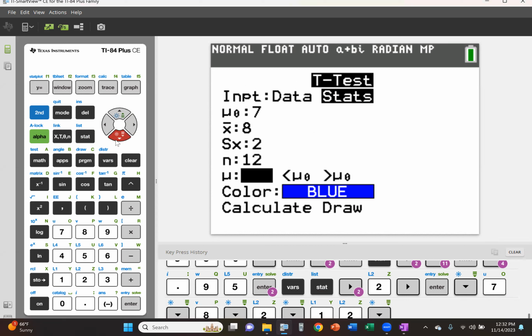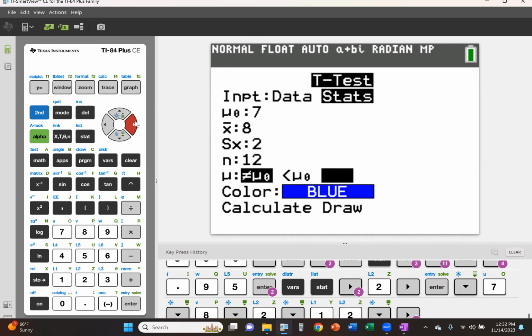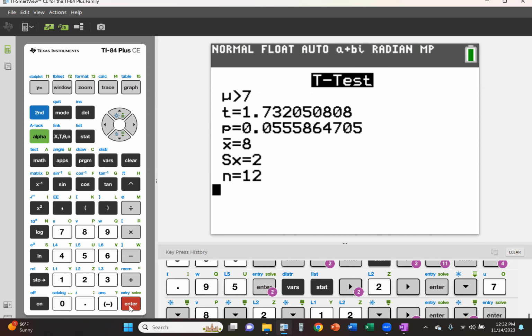And we are interested in whether or not mu for our sample is greater than 7 hours. Okay, greater than, and then calculate. So our t statistic is 1.732, and our p-value is 0.0556.